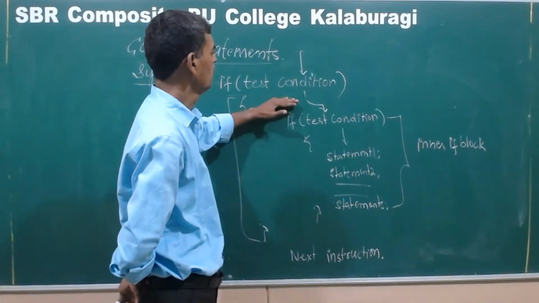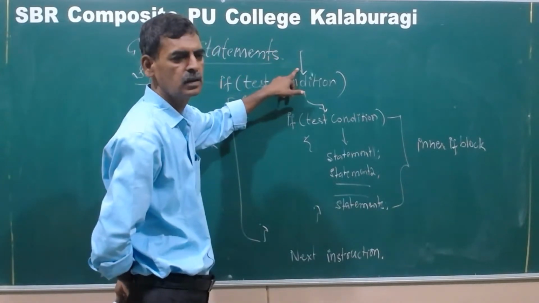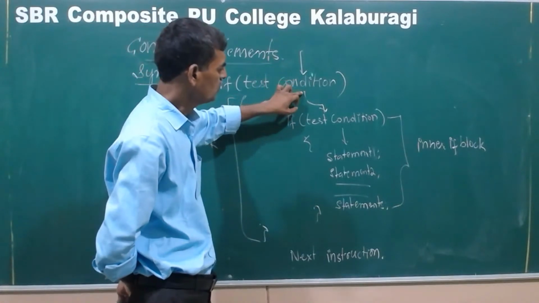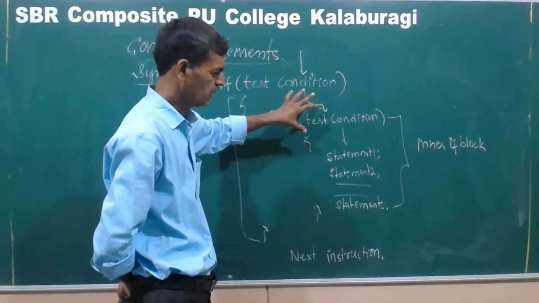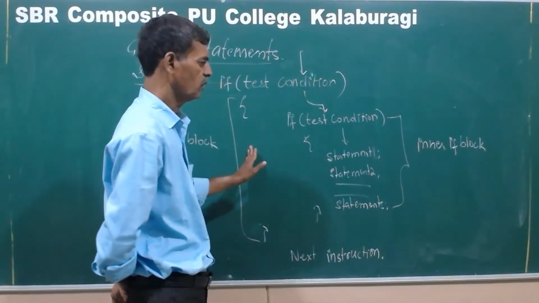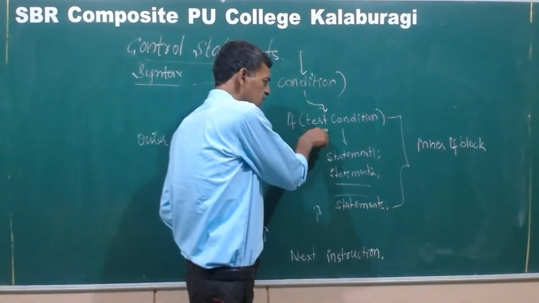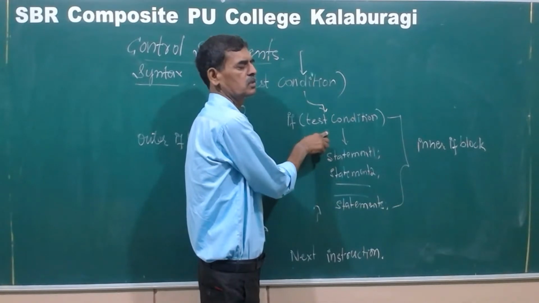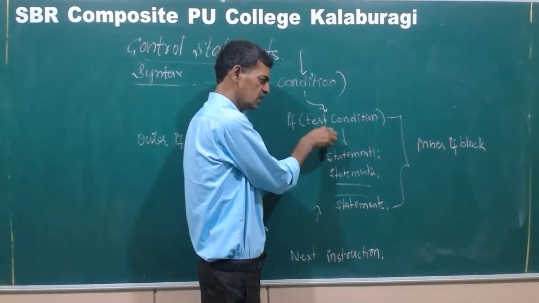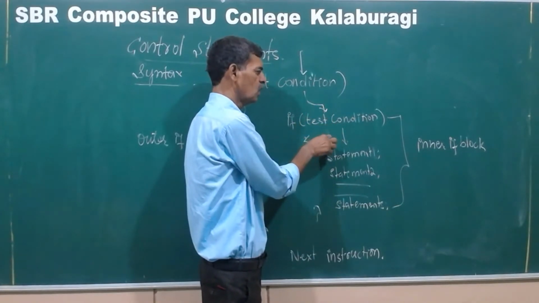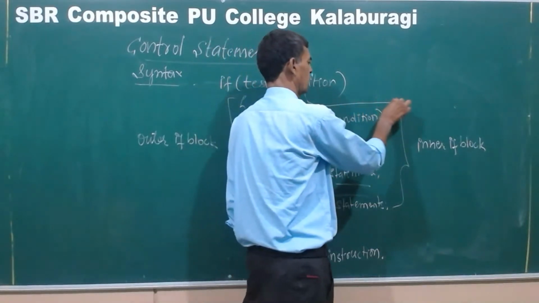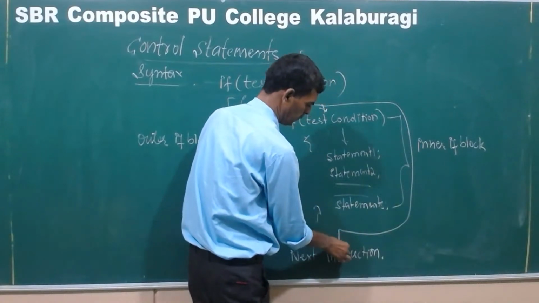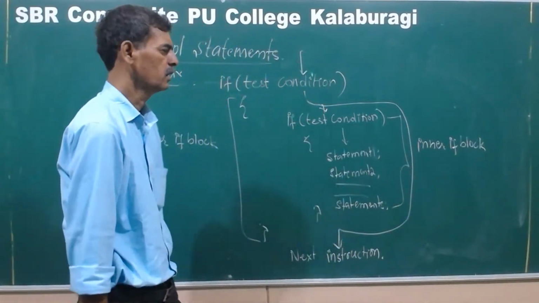Again, control comes here. If this test condition is true, control comes inside the outer block. It will check the test condition for the inner block. If this test condition is false, control skips these statements. It goes to the next part of the program. Okay?